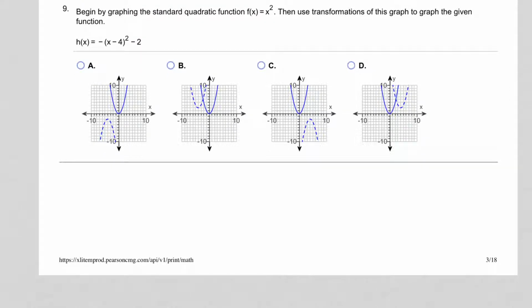Number 9, we have, first of all, it's reflected over the x-axis. Then it's going to the right and going down too. Okay, so it's definitely going to be upside down, to the right 4, and down 2 would be this one.